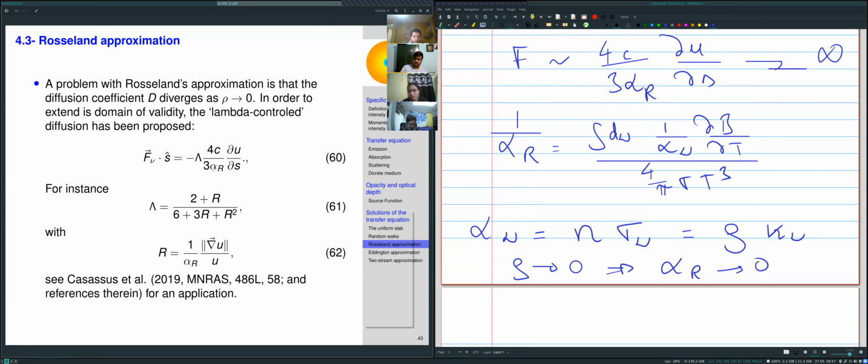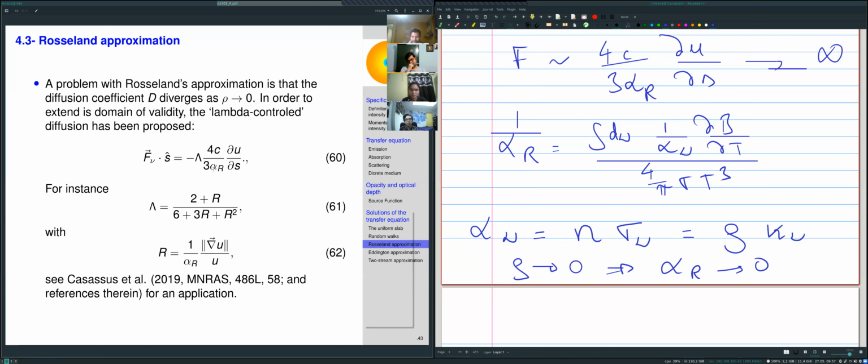So in order to extend the Rosseland approximation a bit further into the optically thin regime, when the optical depth is of order 1, people use the flux limited diffusion. And this is completely put in by hand.